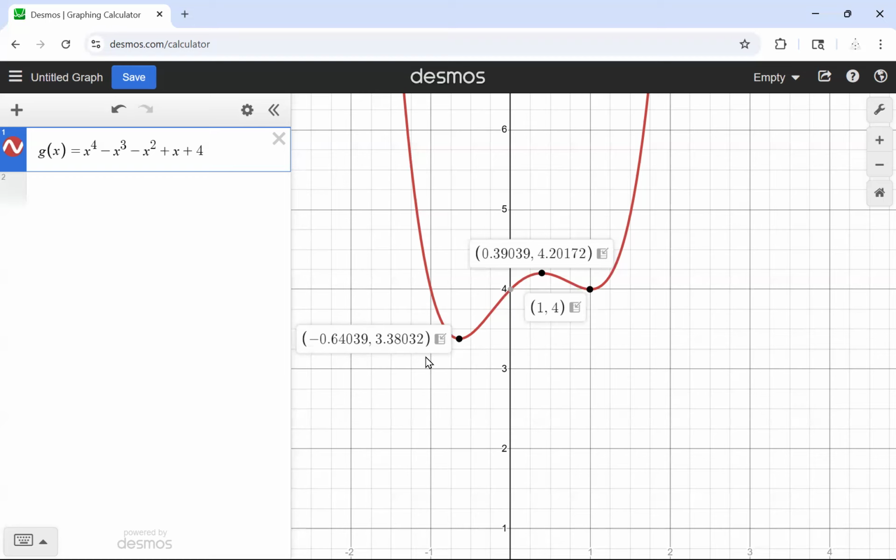If you're using your TI-84, then you can just find the minimum and maximum points using the TI-84's find minimum and find maximum features. But there you go. So decreasing in this section, increasing in this next section, decreasing again, and then increasing again. Let's go ahead and write that down on the Word document.